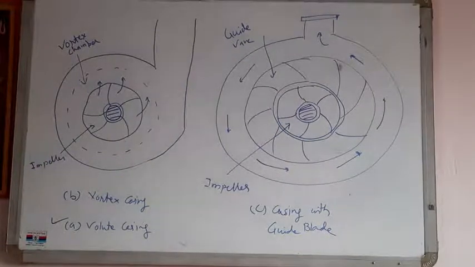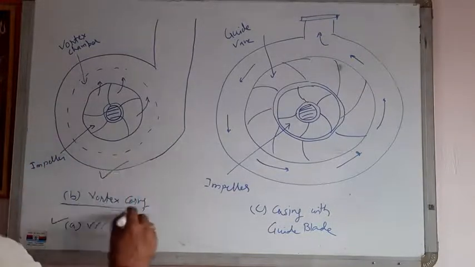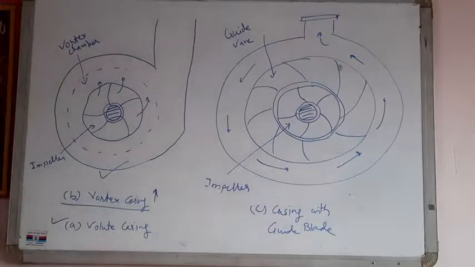By introducing the circular chamber, the loss of energy due to formation of eddies is reduced to a considerable extent. Thus the efficiency of the pump is more than when only volute casing is provided. So the efficiency of the vortex casing is more than the volute casing.